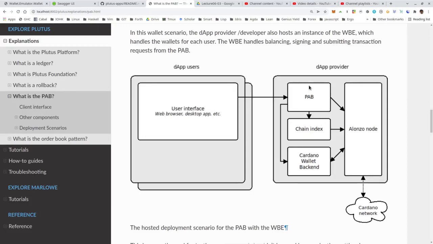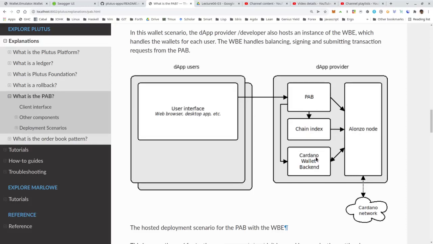So the way it could work is that a user that wants to interact with a DApp that's written like this would need to first transfer some funds to the server, to some wallet on the server, and then the PAB does control those funds.